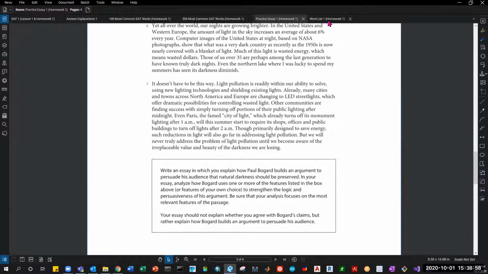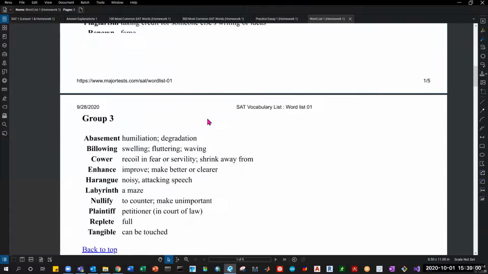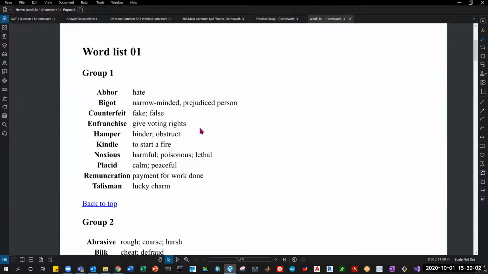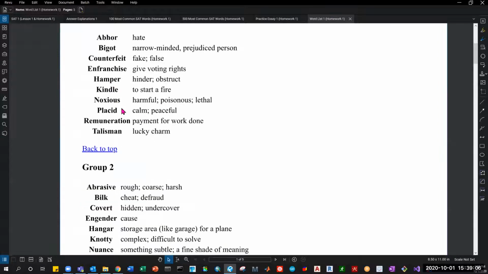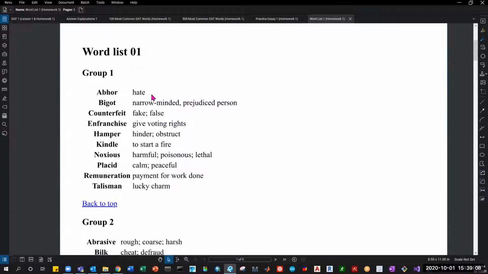And for these ones, I sent this to you. You have this word list, group 1 to 10. If possible, and this will also help with grammar, for each one of these, write a sentence using each word.